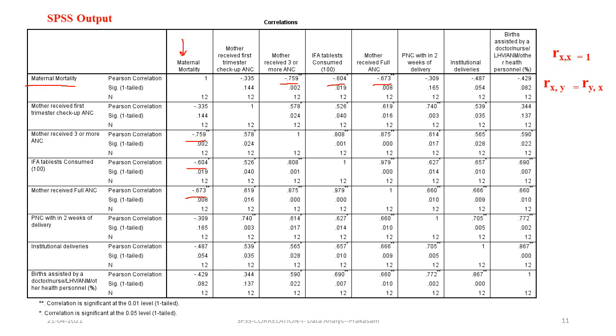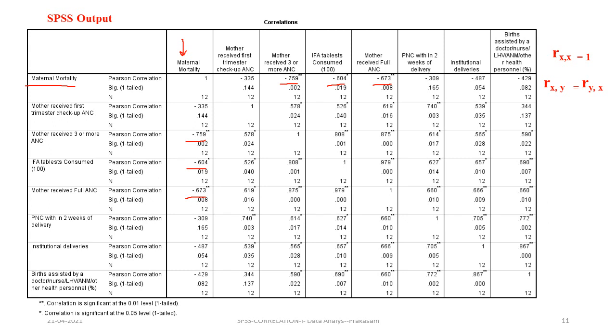That means maternal mortality with maternal mortality, the Pearson correlation coefficient will be 1. Similarly, mother receiving first trimester antenatal checkup with itself will also be 1. Therefore, diagonally all the values of the correlation coefficient matrix will be 1, 1, 1, 1.